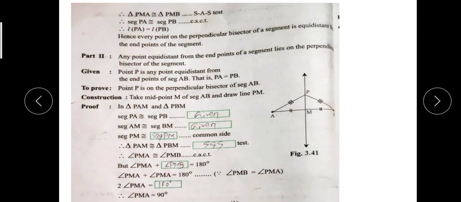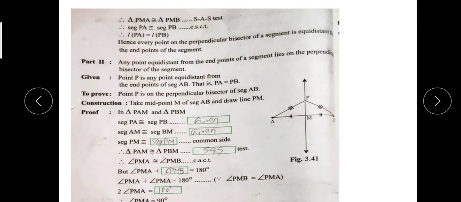Or you can say angle PMB is equal to 90 degrees. Anyway, all these three concepts and whatever statements I told are the same only. Okay, so how to prove? In triangle PMA and triangle PMB, PA is equal to PB, this is given. AM is equal to MB, this is also given.